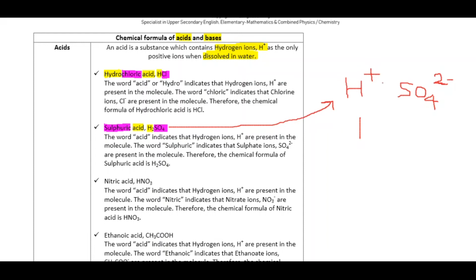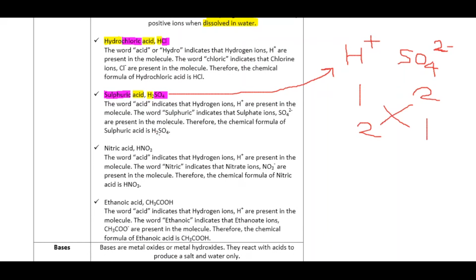So H plus 1 charge means valency of 1, charge of 2 minus means valency of 2, so I will swap them around, 2, 1. So there will be 2 hydrogen and 1 sulfate. Therefore the formula is actually H2SO4.